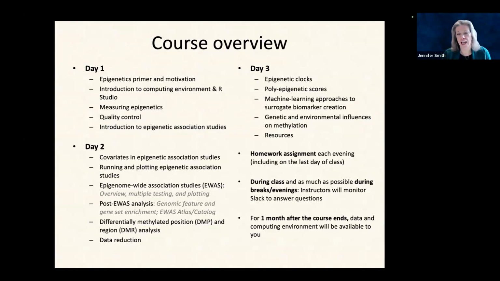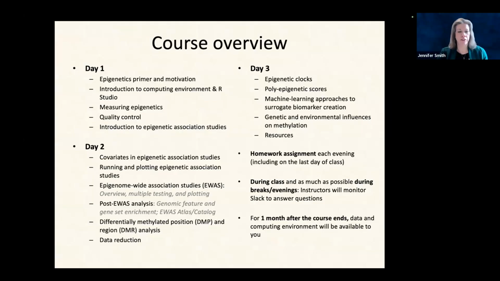And then on the third day, we'll focus more on summary statistics, looking at what we call epigenetic clocks, polyepigenetic scores, and surrogate biomarkers, which are summaries of the methylation patterns across the genome. If we have time, we'll talk about genetic and environmental influences on methylation and some additional resources.